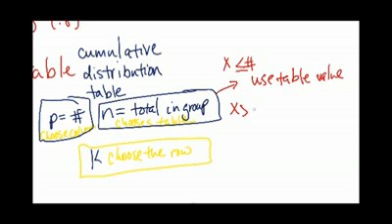If you want greater than, what you have to do is the complement rule, and you're going to do 1 minus the probability of x is less than or equal to the number minus 1. So if this number here, for instance, was a 3, this one would be a 2.